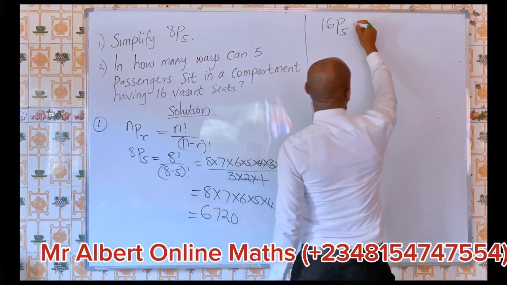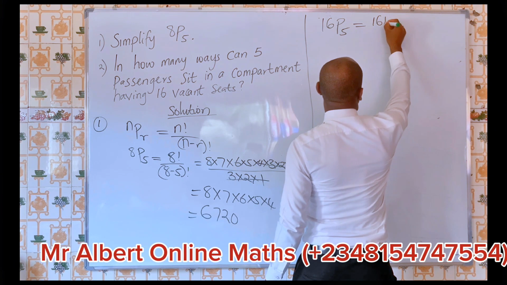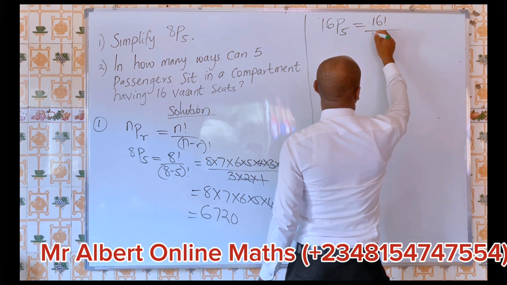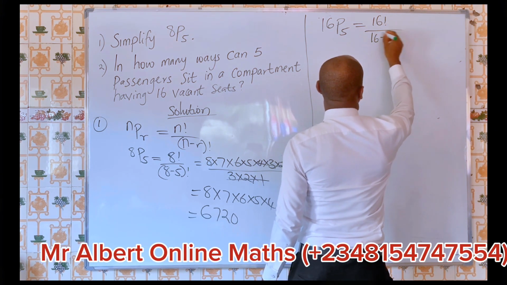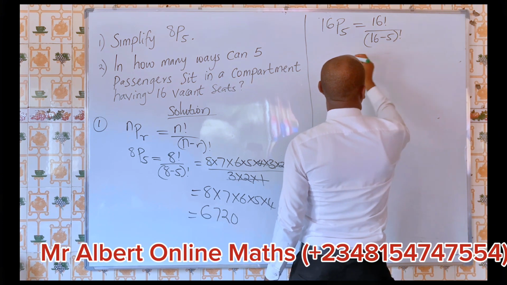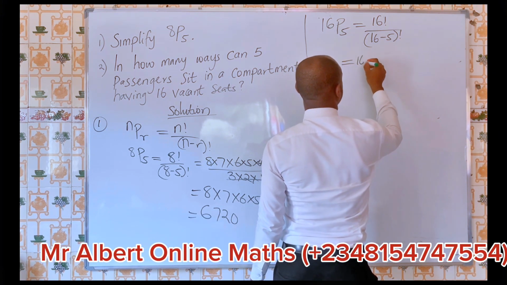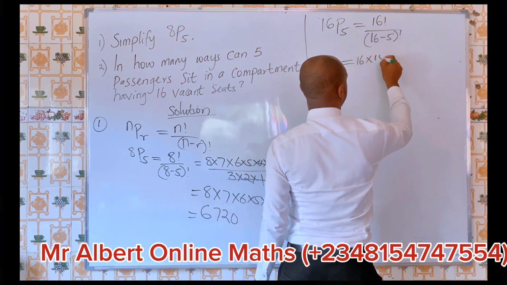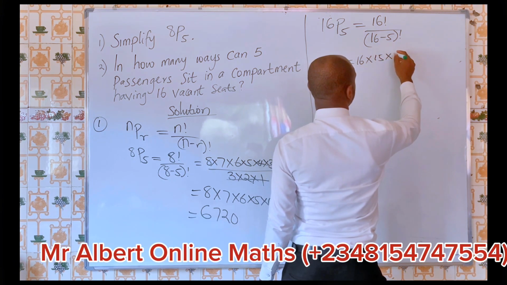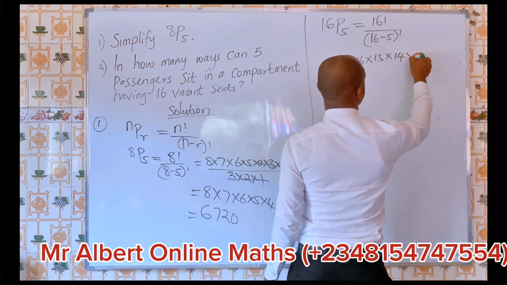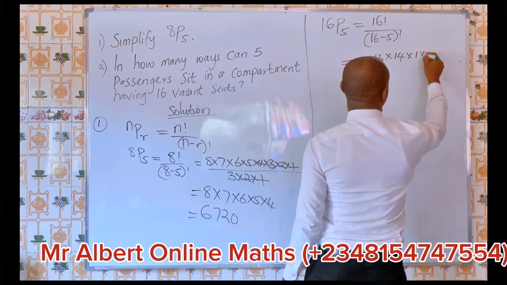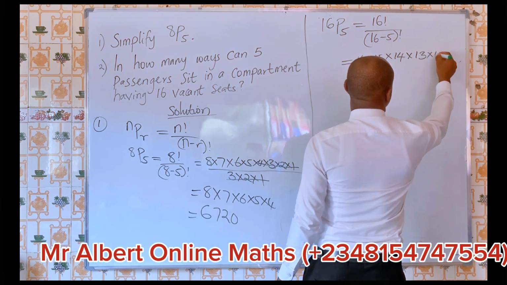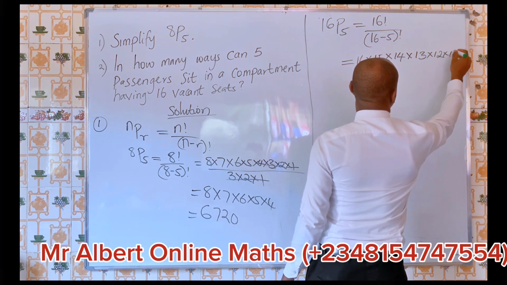So what we have here is 16 factorial all over 16 minus 5 factorial. 16 factorial is 16 times 15 times 14 times 13 times 12 times 11 factorial.